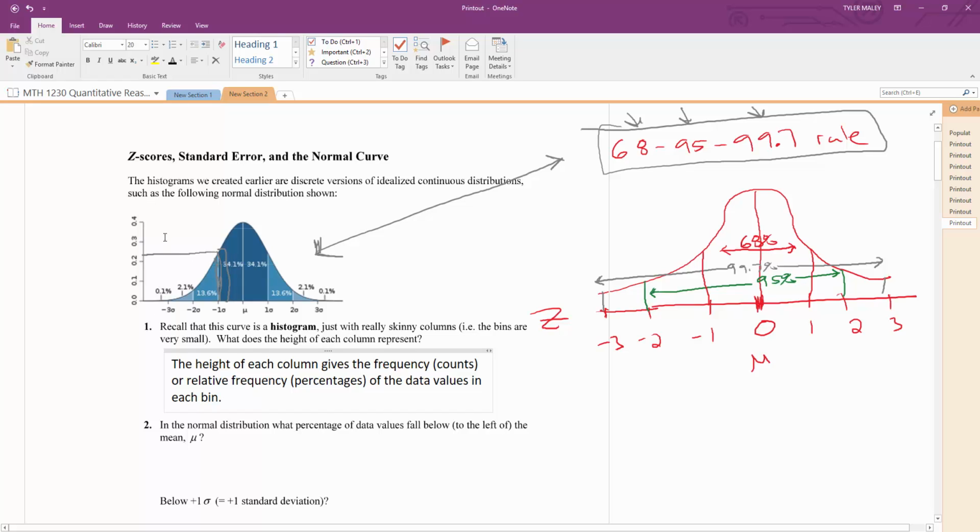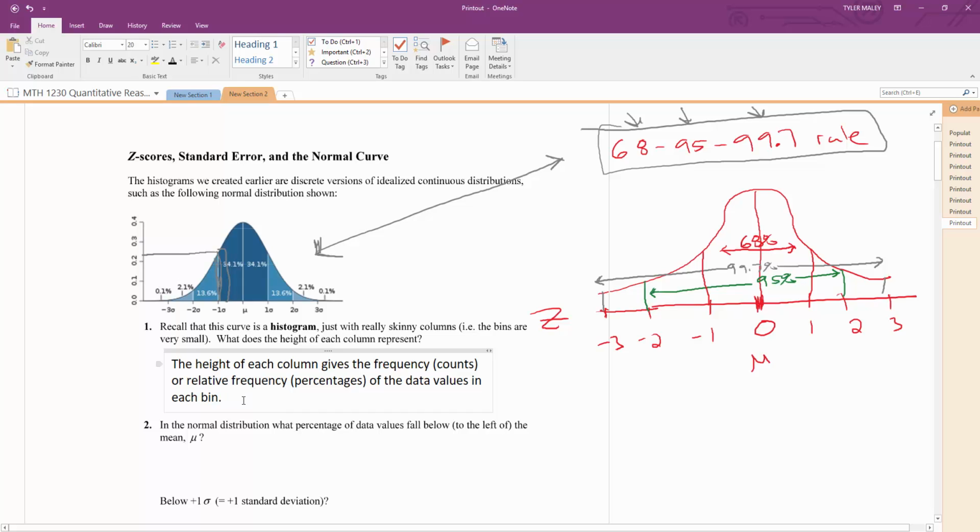So if we look on the left-hand side, notice these can't be counts or frequency, because it's not like 1, 2, it's not a whole number. So since it's a decimal, like 0.1, 0.2, 0.3, 0.4, this means that that's relative frequency. So in this particular one, it would be relative frequency.